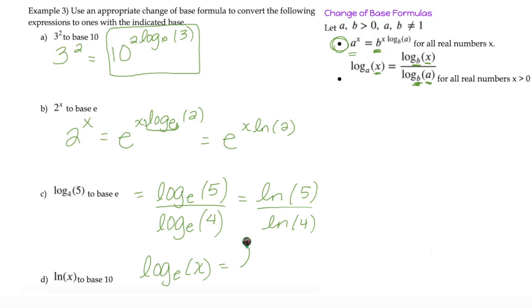So log base 10, even though we don't see it, we know it's there, of whatever's inside our parentheses, over log base 10, even though we don't see it, we know it's there, of our current base.